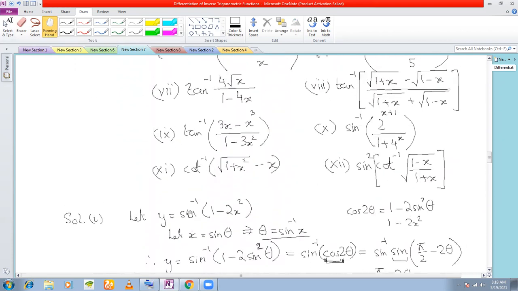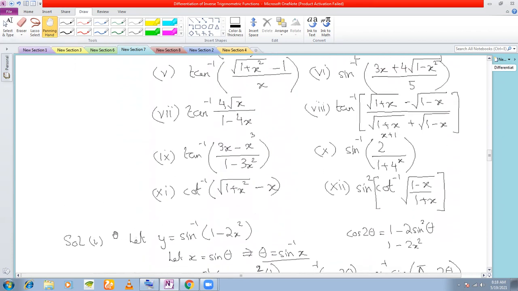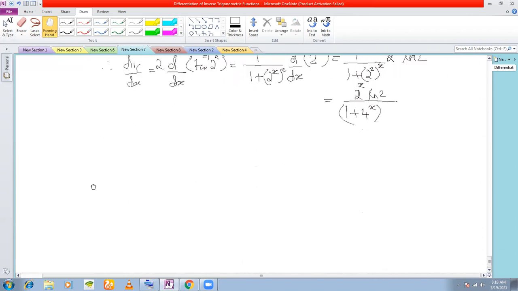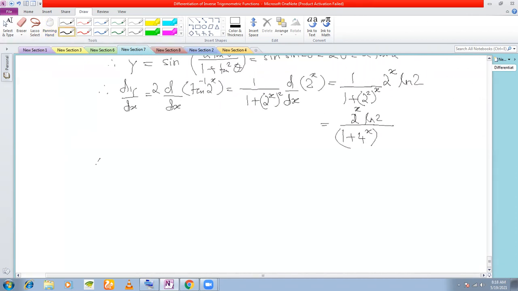Number 11, cot inverse of root 1 plus x square minus x. See, again, you have under the radical 1 plus x square. And you know, sec square is equal to 1 plus tan square, and cosec square is equal to 1 plus cot square.